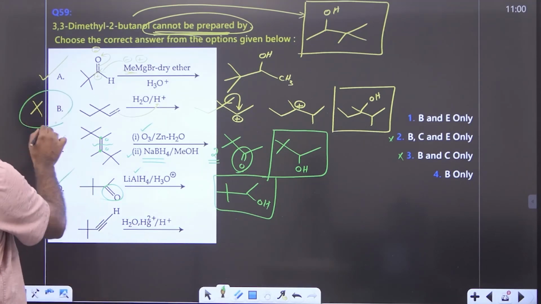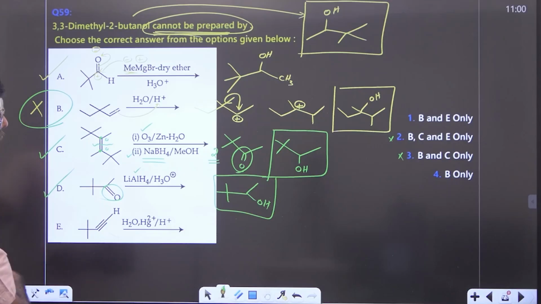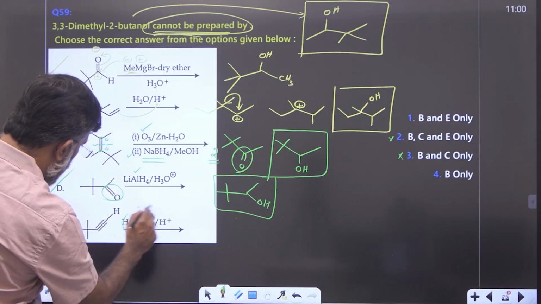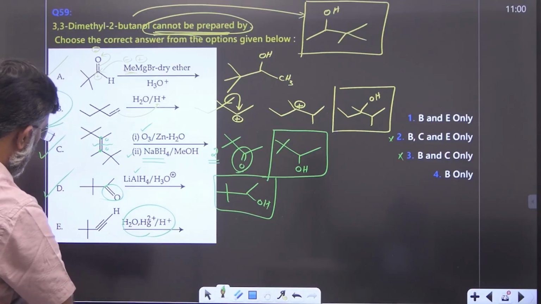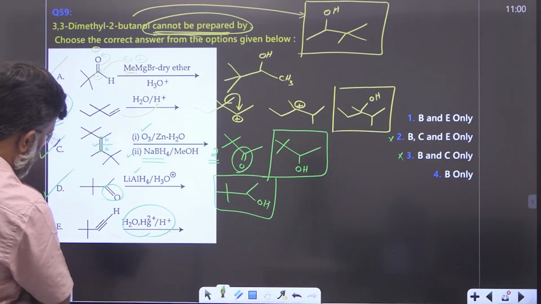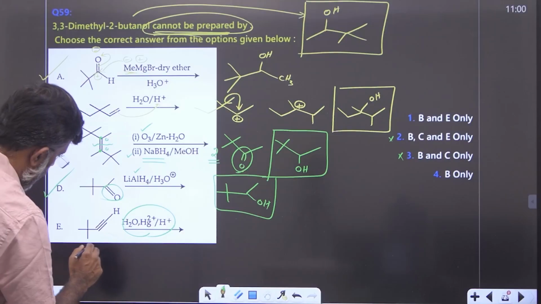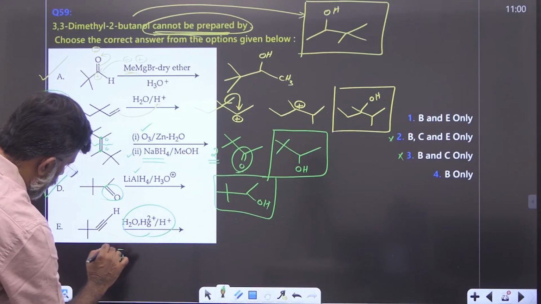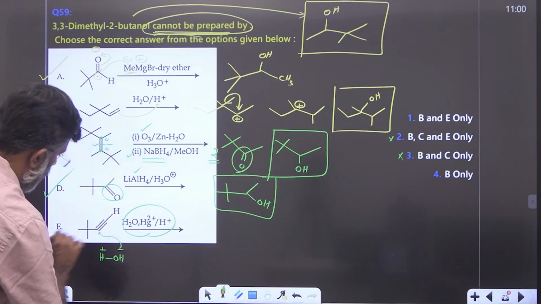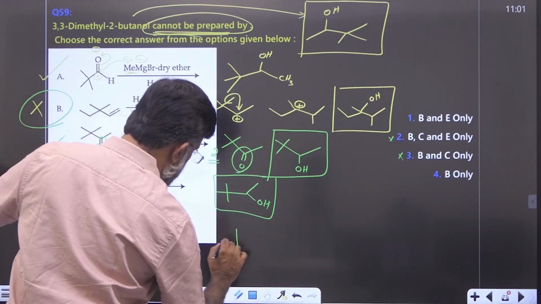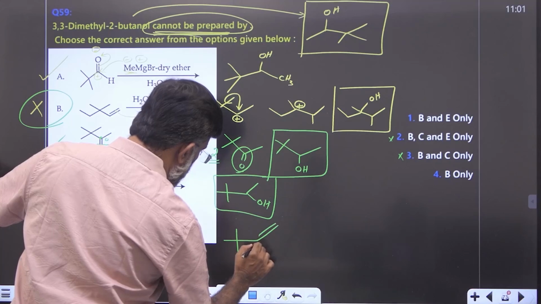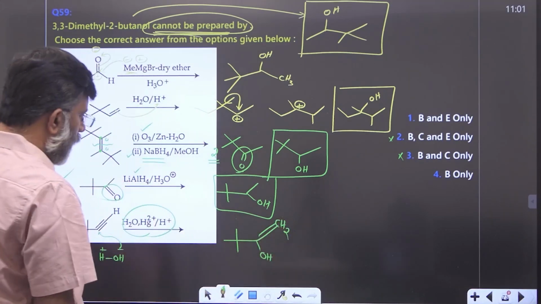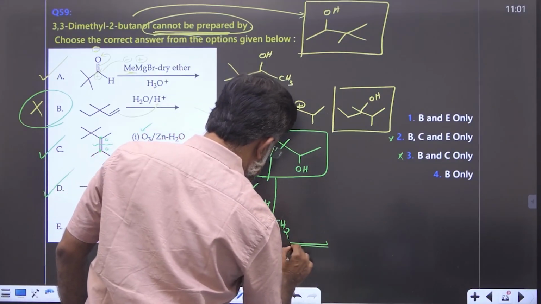So in our answer there is B, and what about E? This compound is treated for a hydration reaction. E is a higher alkyne, so there will be addition of water according to Markovnikov's rule. So OH will come there and you get this, with CH2 here. Now this will undergo tautomerization.